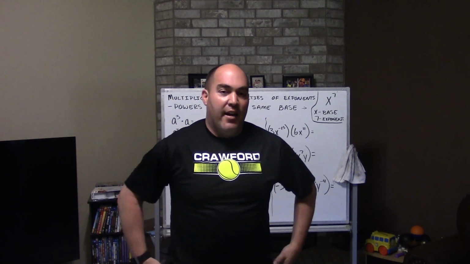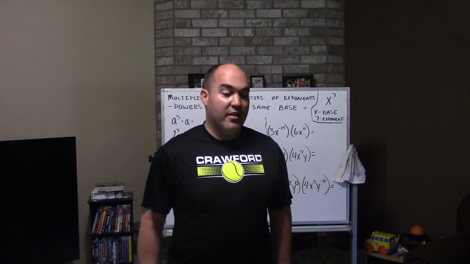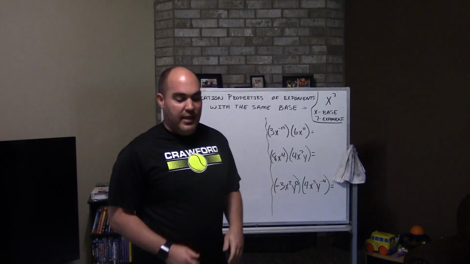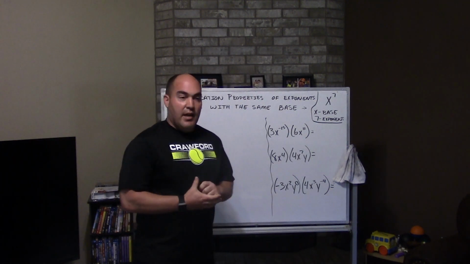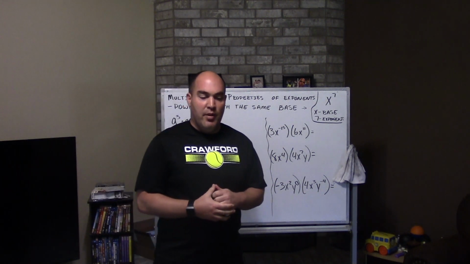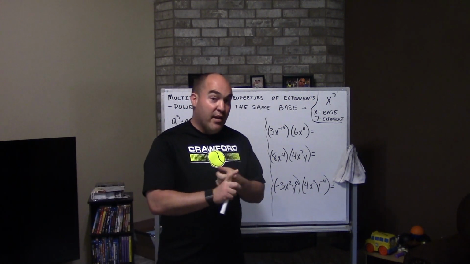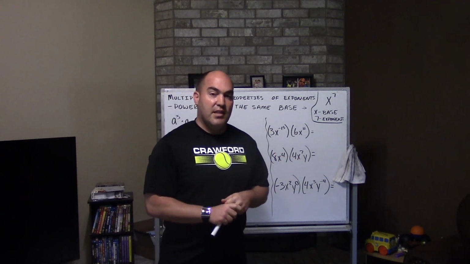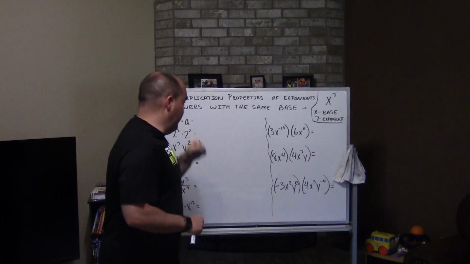So, anyhow, gotcha. So, what we're working on today is some more exponent rules. We've got to do multiplication properties of exponents. You can't forget the negative exponent rules. You can't forget what to do when 0 is an exponent.